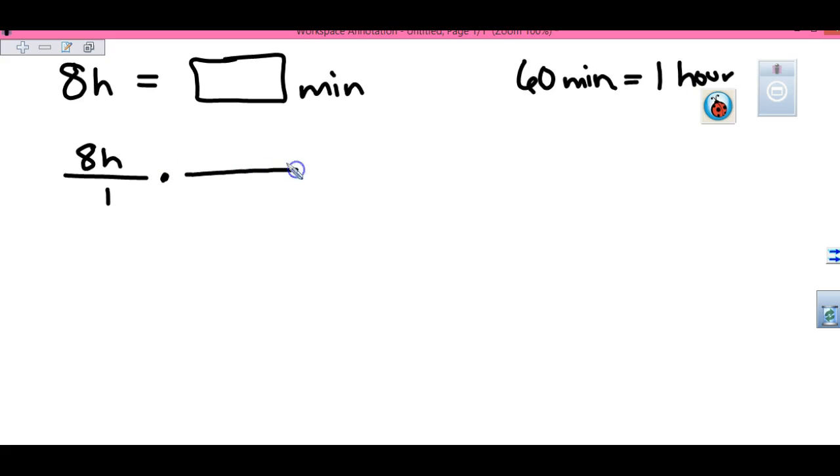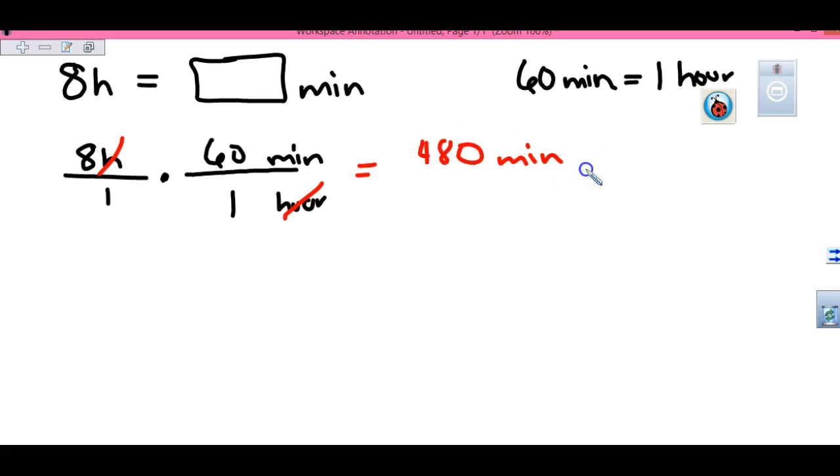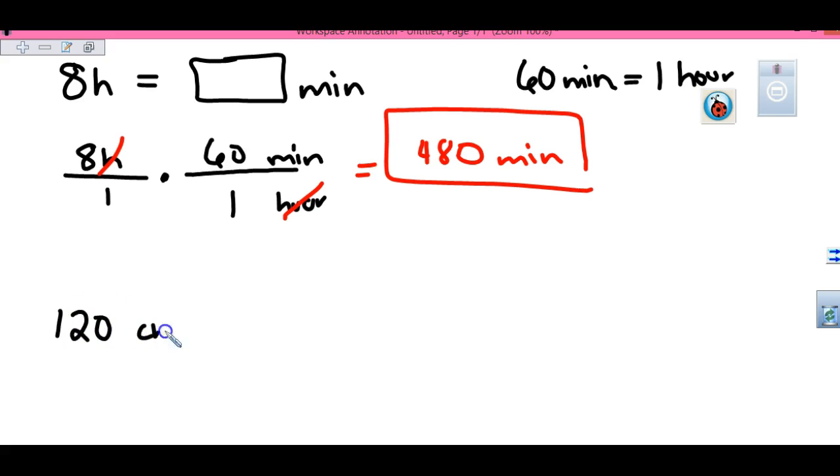Because we want to change it to minutes, minutes have to go on the top and hours on the bottom. This way the hours cancel out. 8 times 0 is 0. 8 times 6 is 48. So how many minutes? 480 minutes.